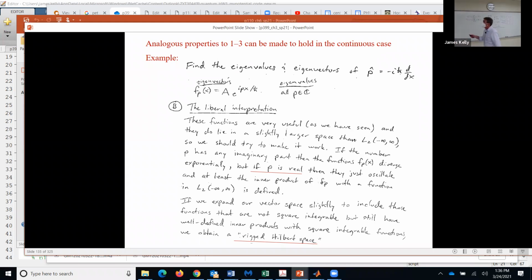And therefore, we're motivated to say, well, I don't want to take all eigenvalues. I want to restrict the ones I'm going to call eigenvalues to those that are real, and that will restrict the corresponding eigenvectors to just the ones that are in our rigged Hilbert space, the ones where we've taken square integrable functions, but we've added on these extra functions, which are oscillatory.